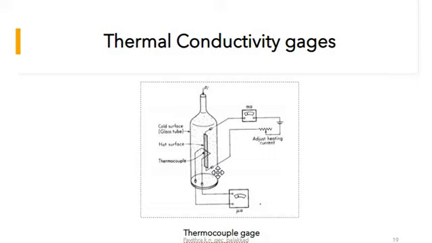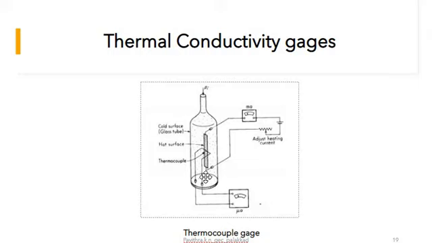This temperature is measured by a thermocouple welded to the hot surface. So the temperature of this metal strip for a particular gas and a particular current can be measured by this thermocouple in this microampere meter.